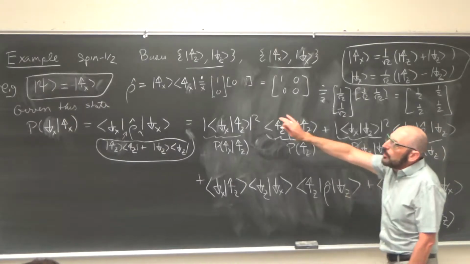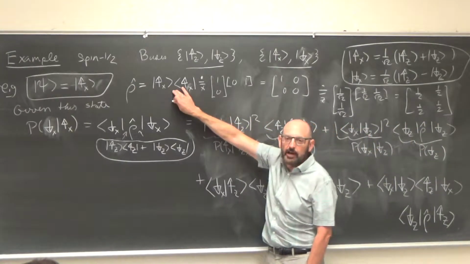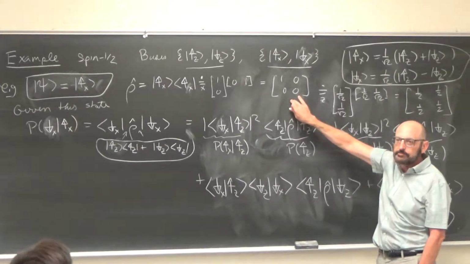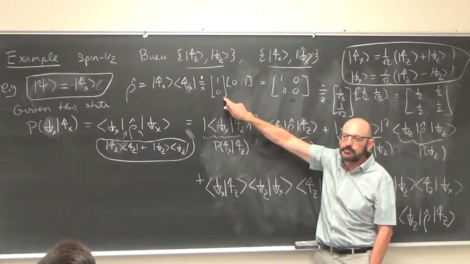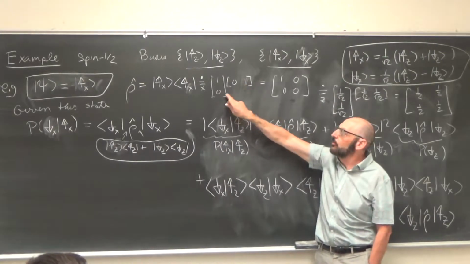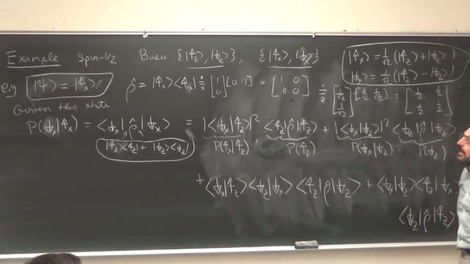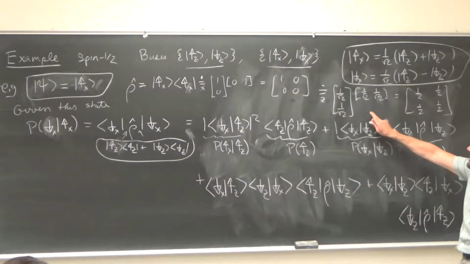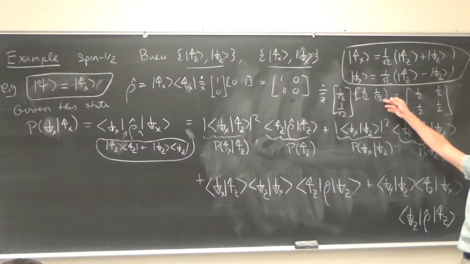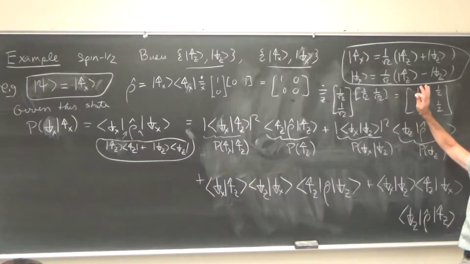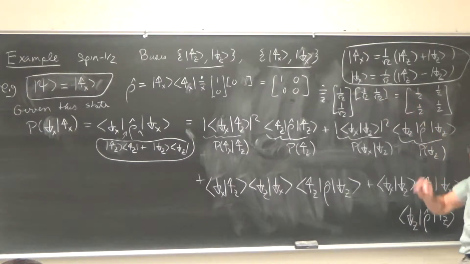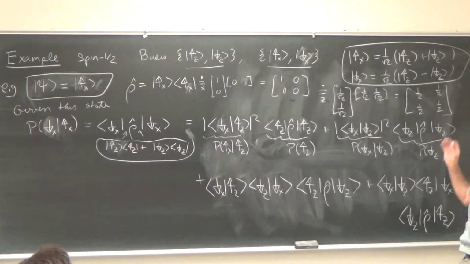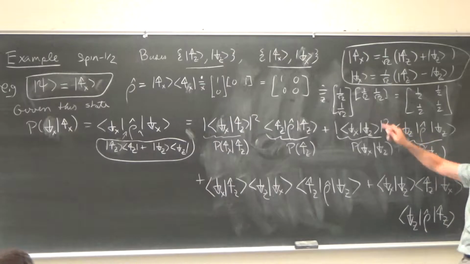The density operator written in that basis is this matrix, right? It's the outer product of the ket with the bra. Or in the z basis, and sorry, I don't know what I was thinking last time when I was thinking about a change of basis matrix rather than the density operator, so that's why I screwed up last time. But anyway, obviously this is the density matrix written in the z basis.